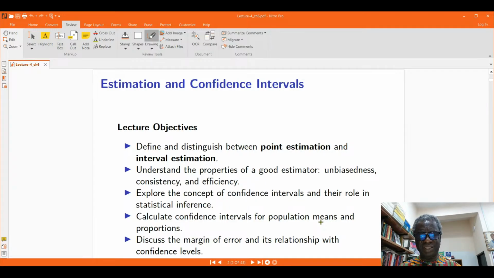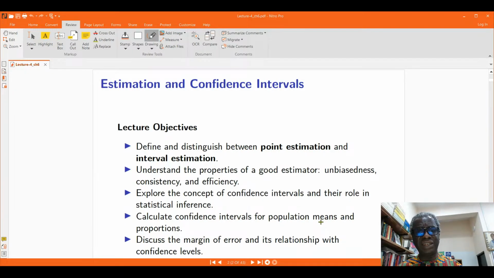Two, I expect that you will also learn the properties of a good estimator, properties like unbiasedness, consistency, and efficiency. We will also explore the concept of confidence intervals and their significance.